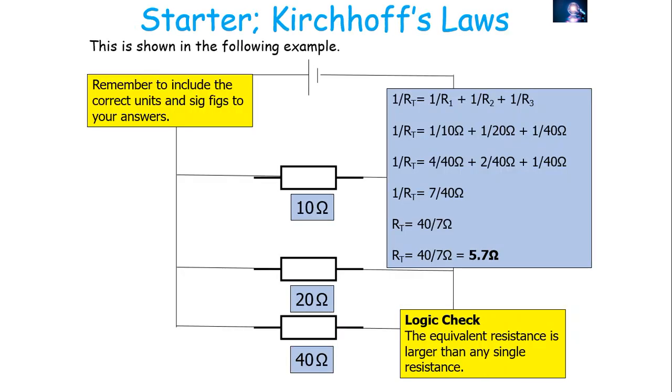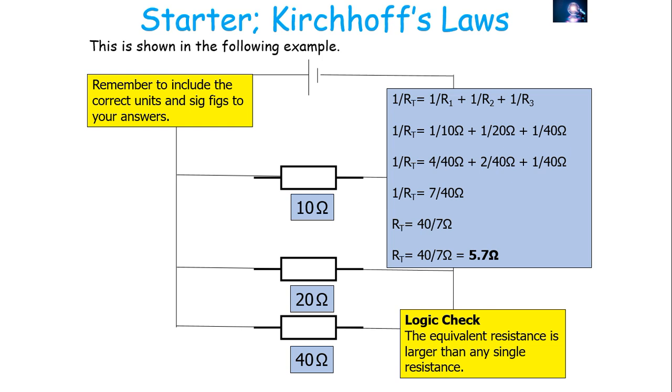Now, the logic check in any answer should be that the equivalent resistance in parallel must be smaller than any single resistor. So as a result, let's have a check. So it's 10, 20 and 40. So it's 1 over 10 plus 1 over 20 plus 1 over 40. So you change that to the common denominator, 40.